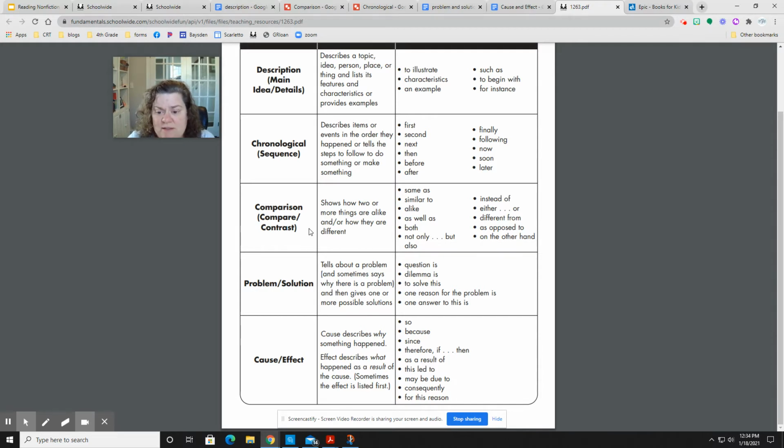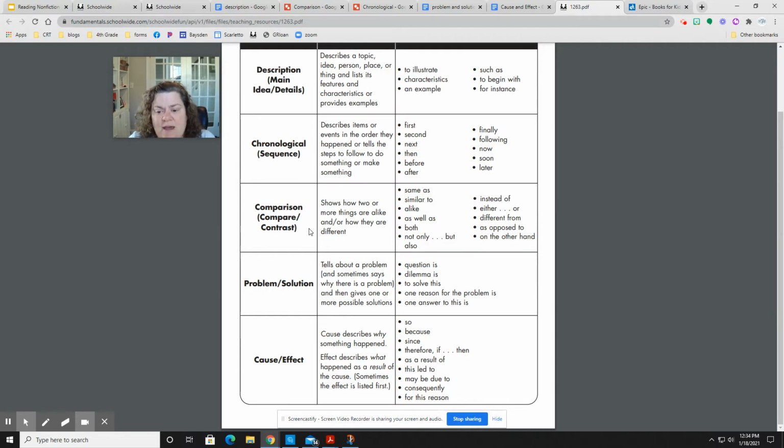This idea is different from this other idea. Or you might have the phrase, as opposed to, and then you go on with whatever the difference is.